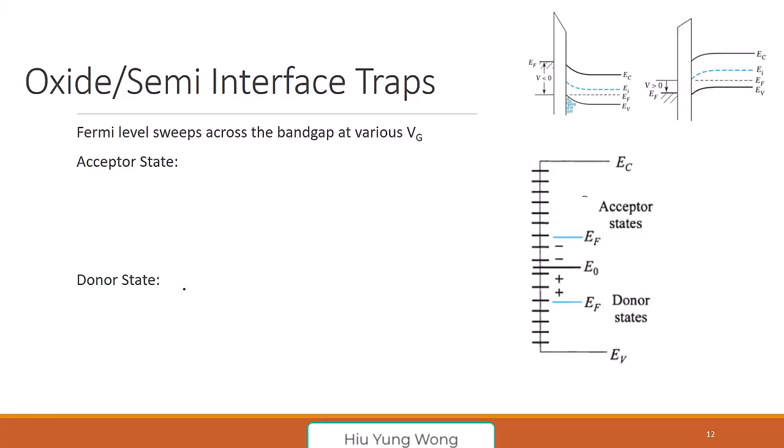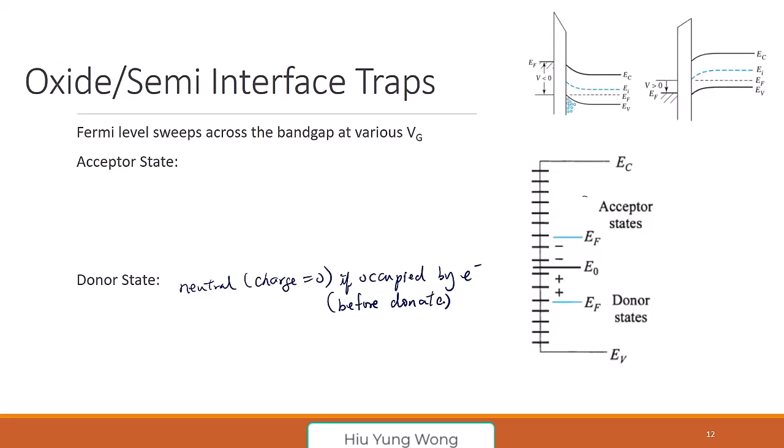So if you are neutral, zero charge means charge equals zero, if occupied by electron. Before you donate something, of course, that is your natural state, so neutral.